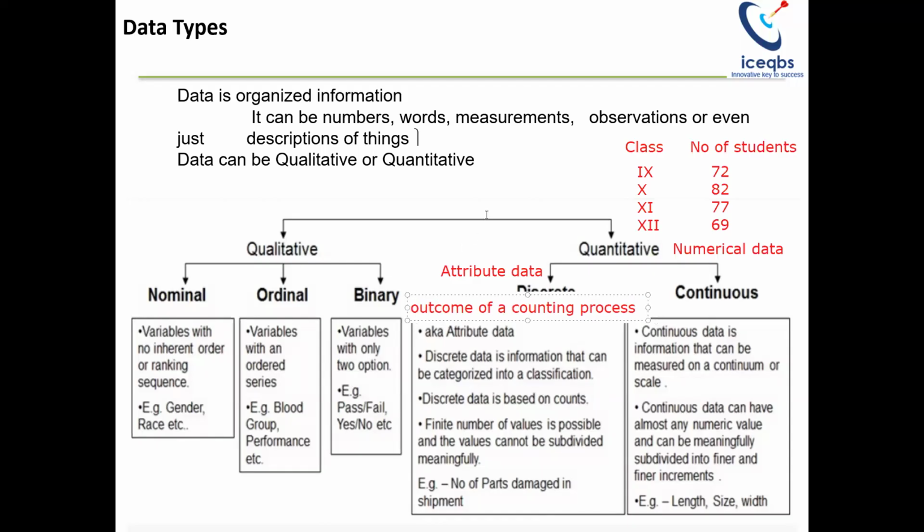In the example we saw just now, when we wanted the data on the number of students in each class, we got the numbers 72, 82, 77, etc. Since these numbers are the outcome of a counting process, we can say this is discrete data. Discrete data can take any whole number values from 0 to infinity.